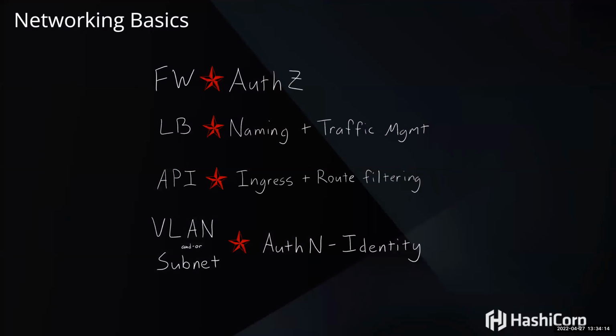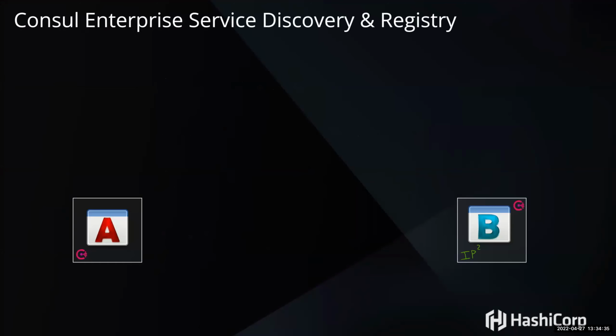All right, so service discovery and network automation. We went through this at a high level. For firewalls, the role really is authentication. For load balancers, we talked about naming and traffic management. APIs for ingress and route filtering, and authentication and identity based on, traditionally, an IP or subnet based on role.